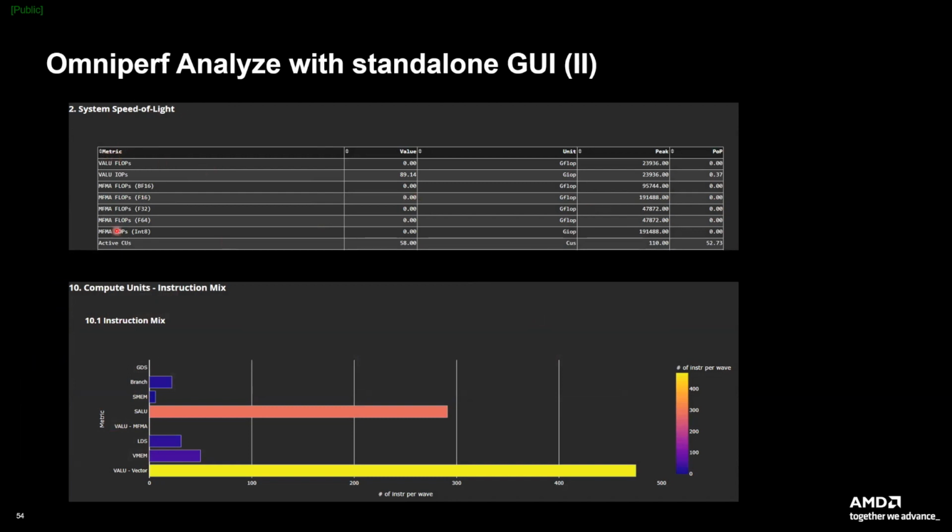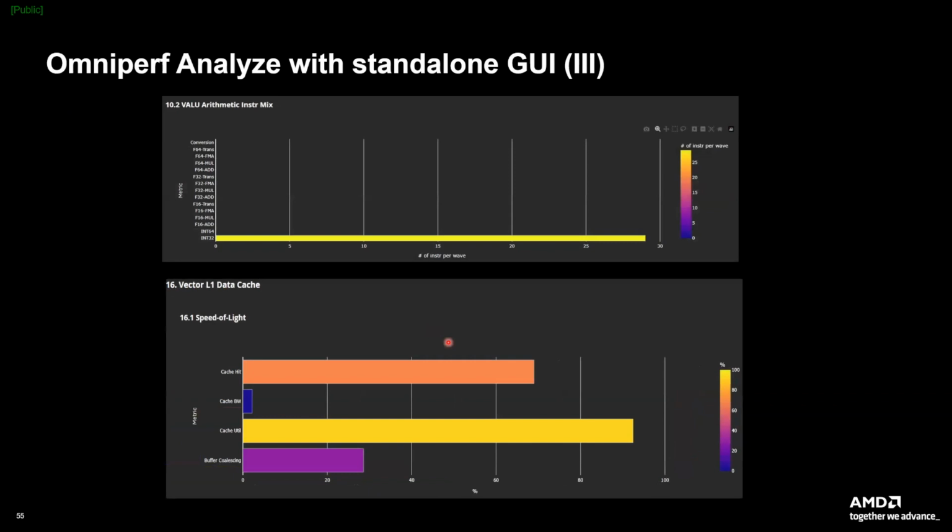And you see here, active compute units, 52%, for example, and the other is really small. Instruction mix, if you have branches, SALU or VALU vector, etc., or LDS, to see exactly what happens to your kernel.